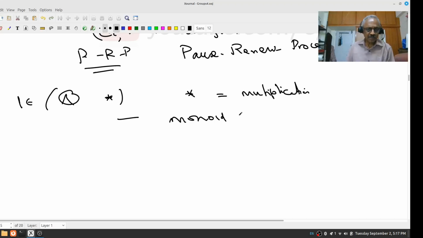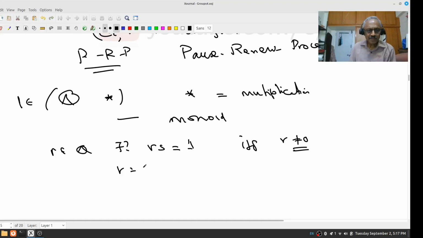It's actually commutative also here. But now when does an element have an inverse? If I have a rational number R, I want to know whether there exists an S such that R times S is equal to 1. When does it happen? If and only if R is not equal to 0. If R is in lowest terms P by Q, we already saw S equals Q by P.